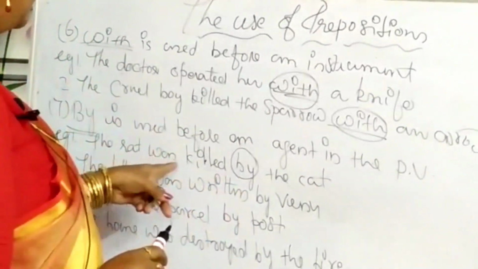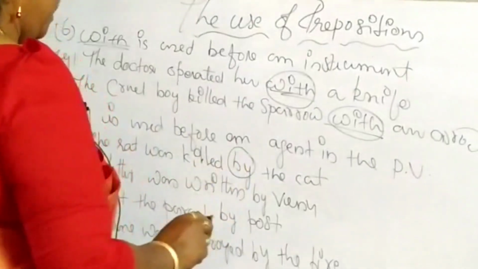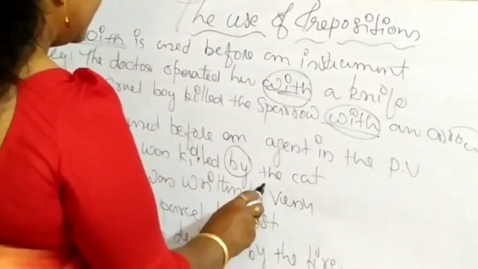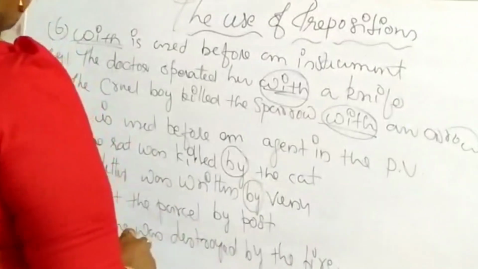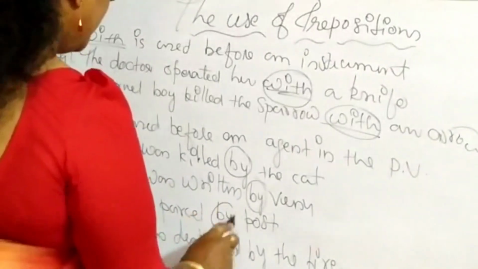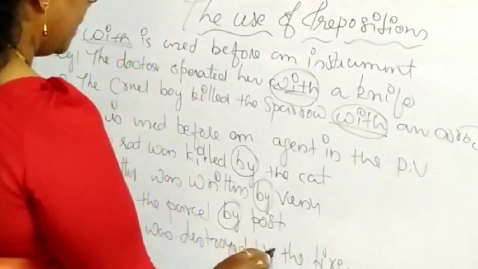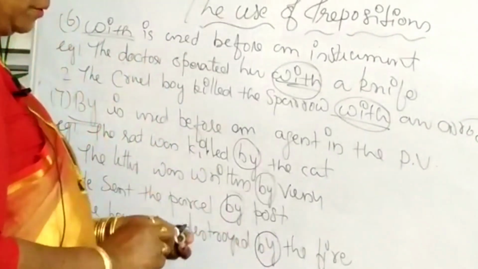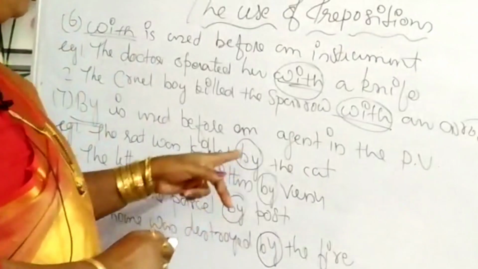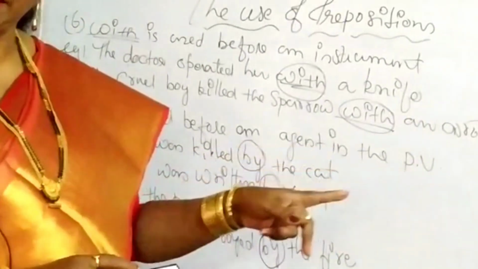Example, the rat was killed by the cat. The letter was written by Venu. He sent the parcel by post. The house was destroyed by the fire. So in all these, we have used by for an agent.